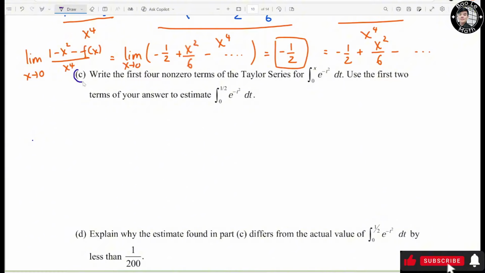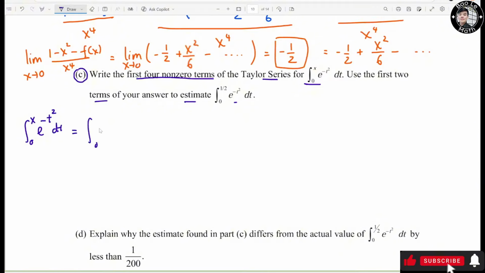Now let's move on to question C. Write the first 4 non-zero terms of the Taylor series for this integral. Use the first 2 terms of your answer to estimate this. The integral from 0 to s of e to the negative t squared dt.